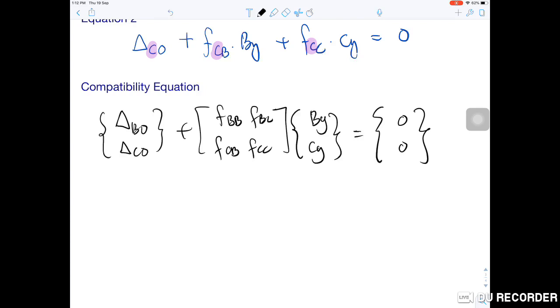This is the compatibility equation when BY and CY are redundant.